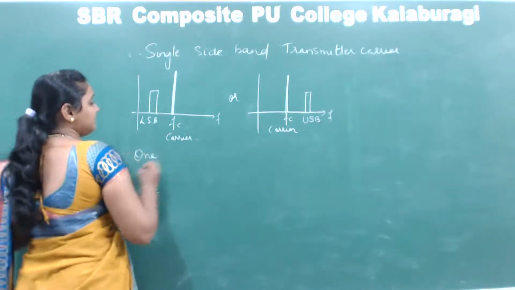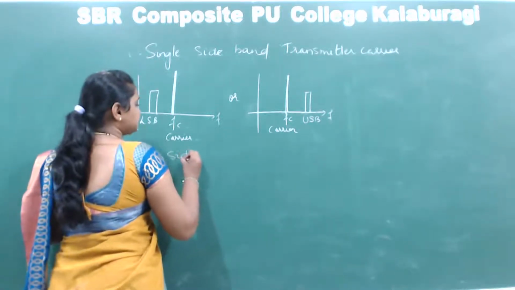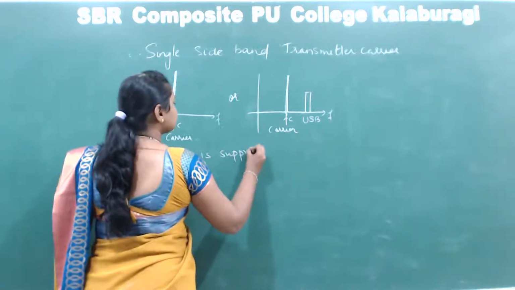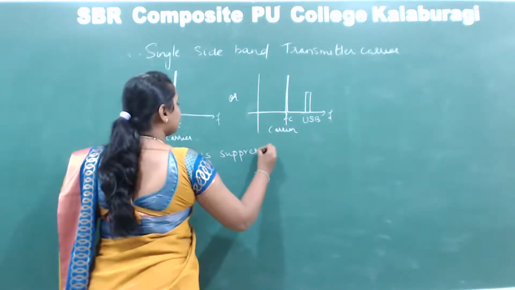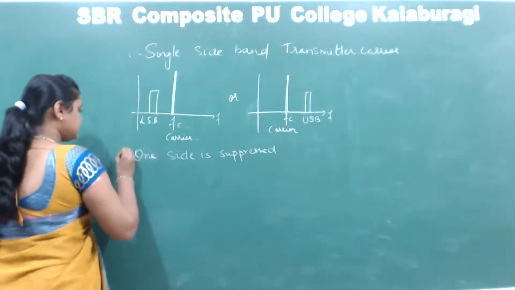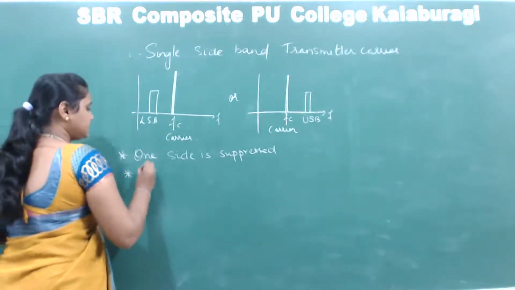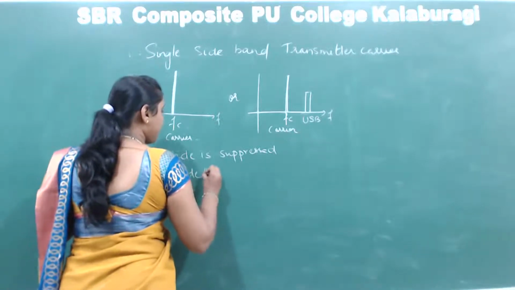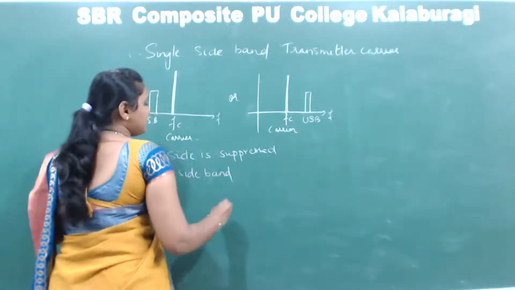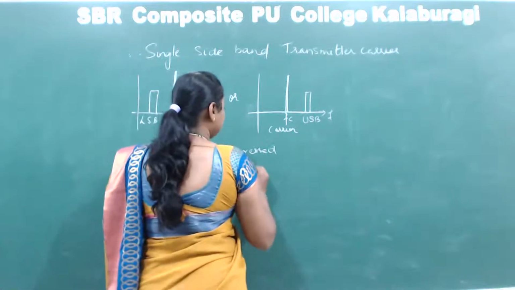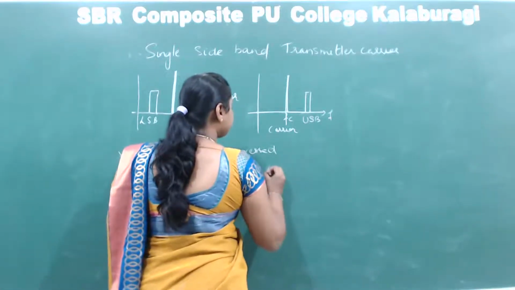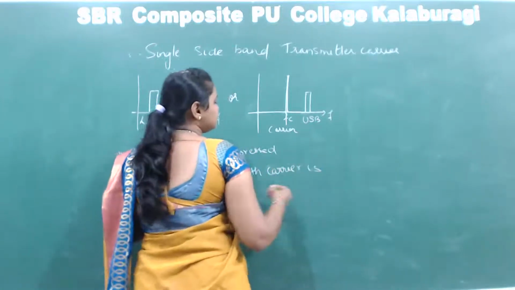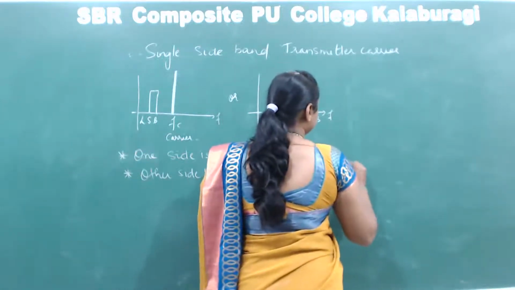one sideband is suppressed, and the other sideband, along with the carrier, is transmitted.